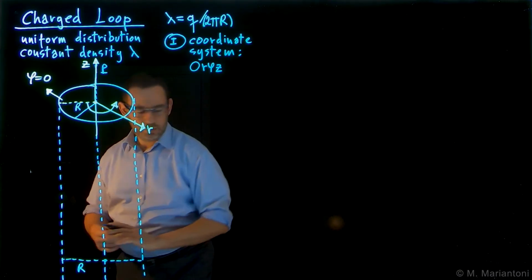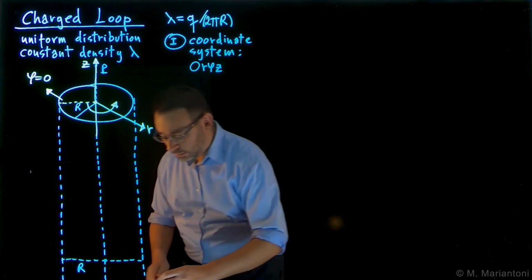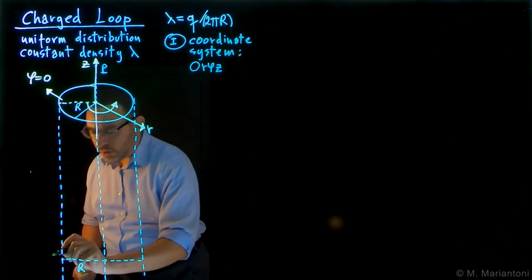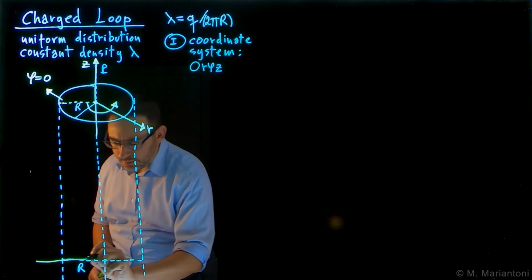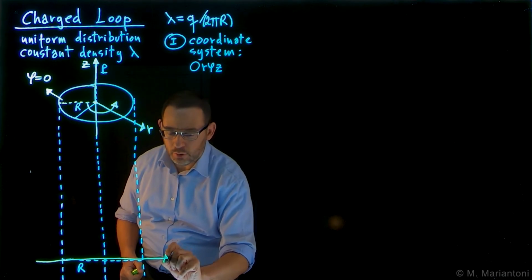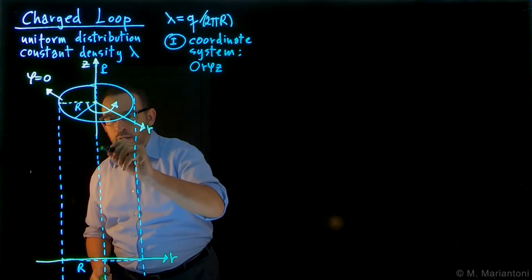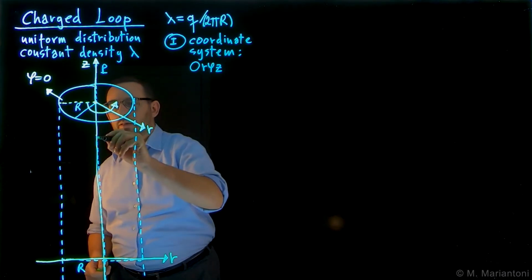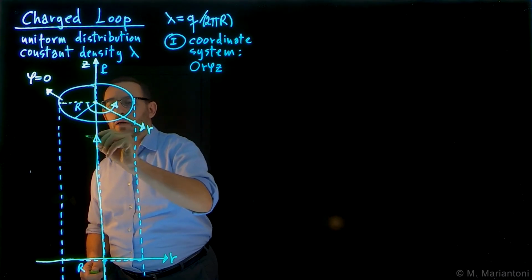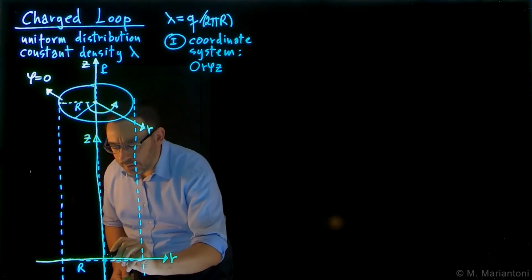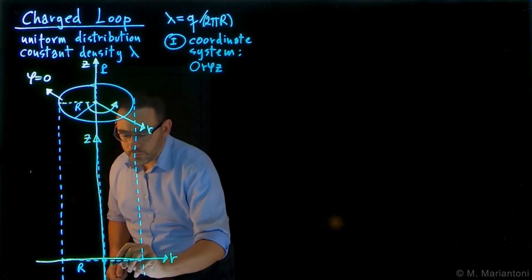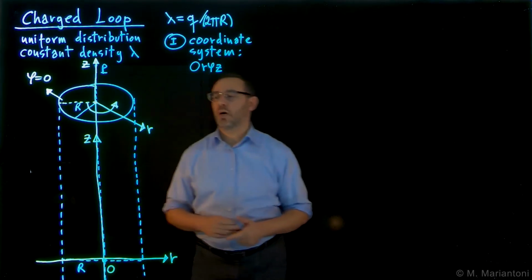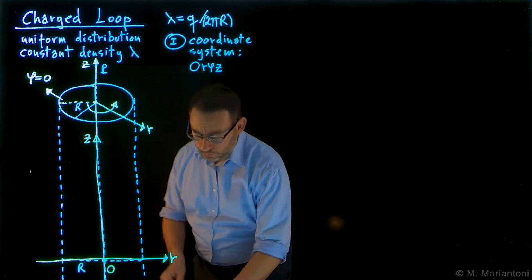This is the origin, the center of this object. Let's sketch our origin, r, phi, z coordinate system again from the side view. This will be our r, and this will be our z axis. This is the origin down here of this coordinate system. I'm not showing phi, which goes in this direction counterclockwise, again around the z-axis.